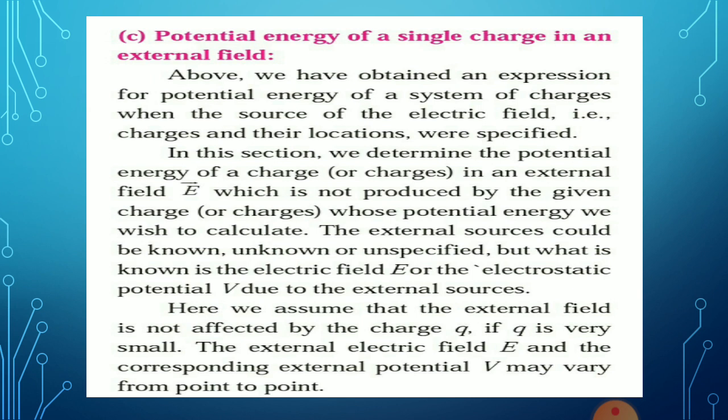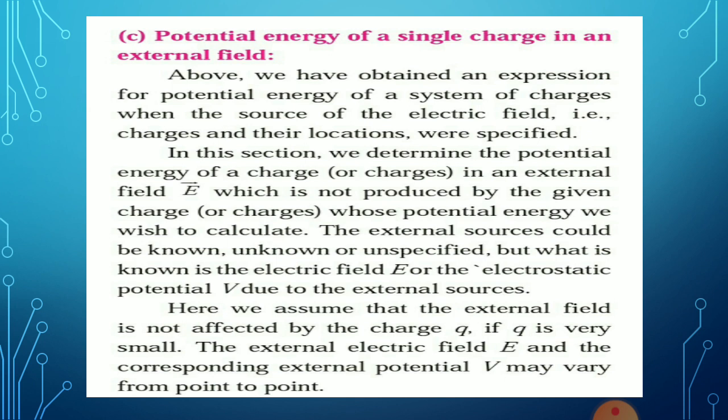At that time, we can find the electrostatic potential energy and electrostatic potential of the single charge in an external electric field. Here we assume that the external field is not affected by the charge Q.